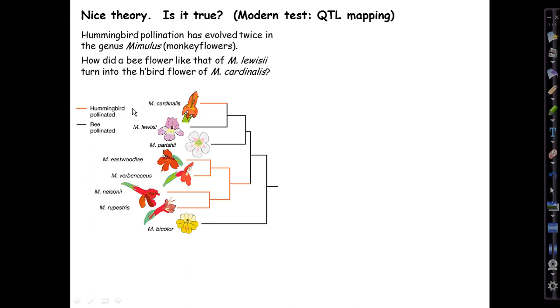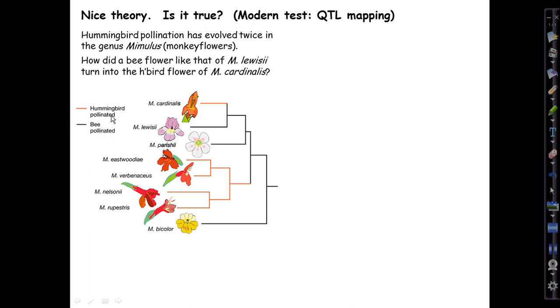Here's a nice example from a real wild species, monkey flowers, Mimulus, which have several species in North America, including this interesting situation where a group of very closely related species, especially these two, Mimulus cardinalis and Mimulus lewisii, differ dramatically in the color and morphology of their flowers because they are pollinated by completely different organisms.